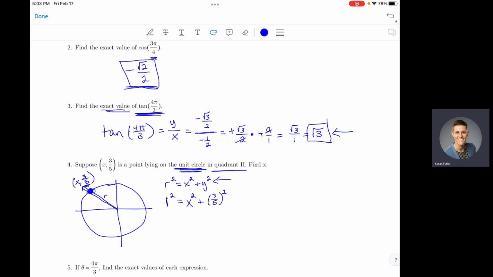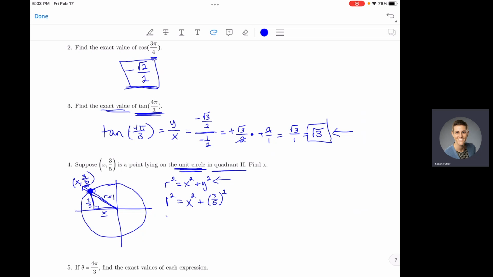This comes from something that we did on Wednesday. It's just the Pythagorean theorem, because if you drop your altitude down, this side is x, this side is y, which is 3/5, and on the unit circle, r is 1. So we're basically just doing the Pythagorean theorem here to figure out what x is.